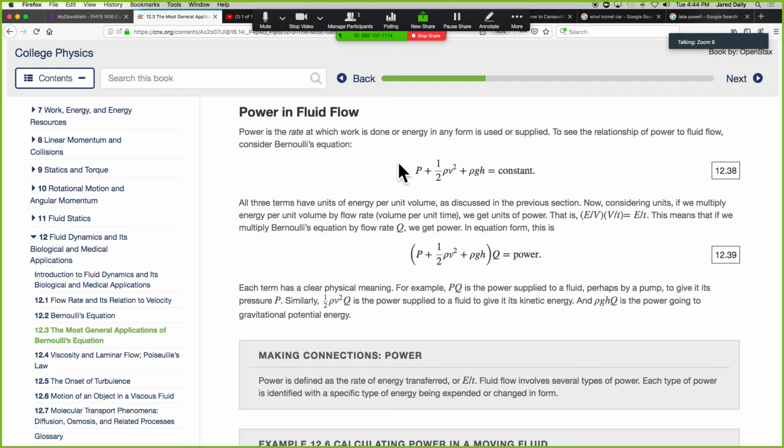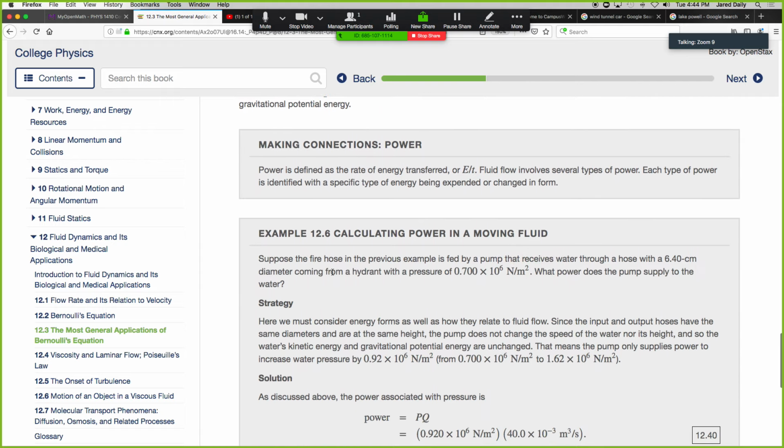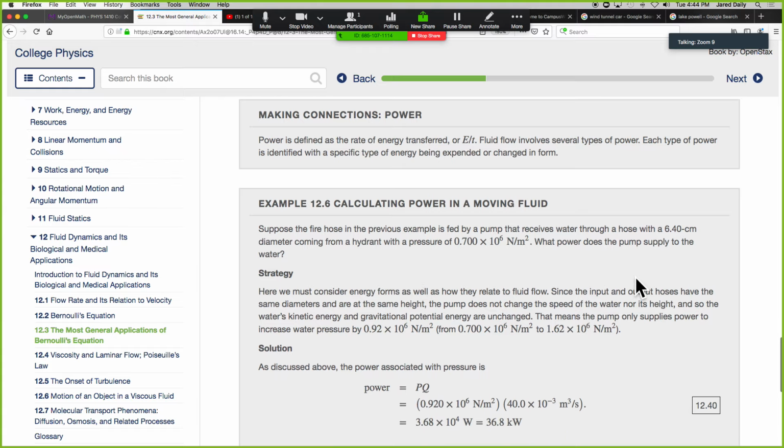So if you multiply Bernoulli's thing by Q, you get power. And power will tell you how much energy you can get out of this per second, essentially. So for a fire hose that's got this diameter and this pressure coming out, we want to know what power the pump has to supply the water.